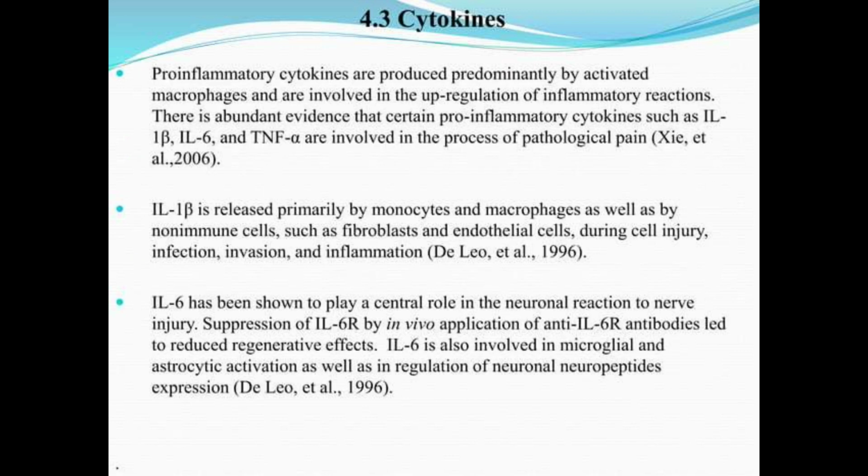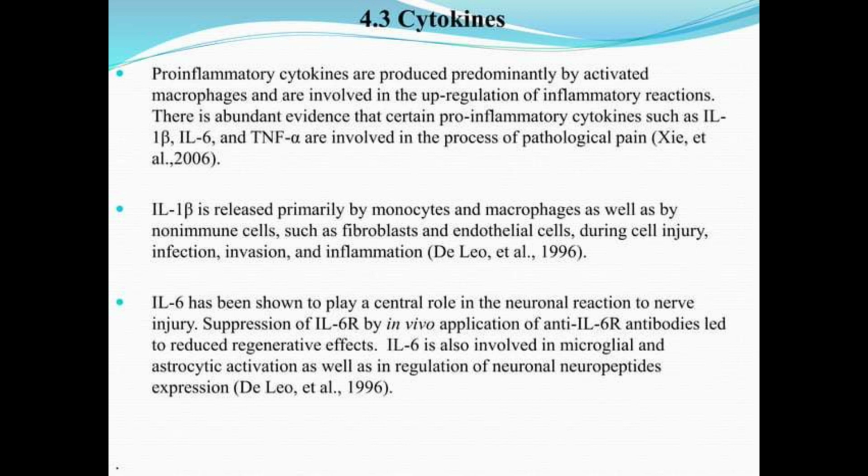We have various pro-inflammatory cytokines produced by the macrophages that are involved in the upregulation of the inflammatory reactions. There is abundant evidence that pro-inflammatory cytokines such as IL-1 beta, IL-6 and TNF alpha are associated with the process of pathological pain.